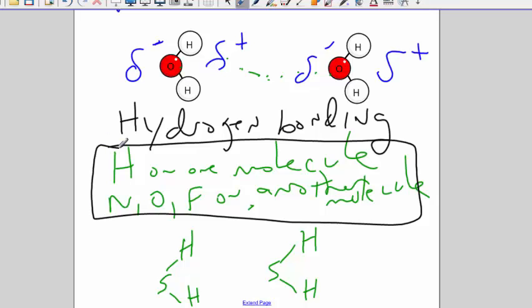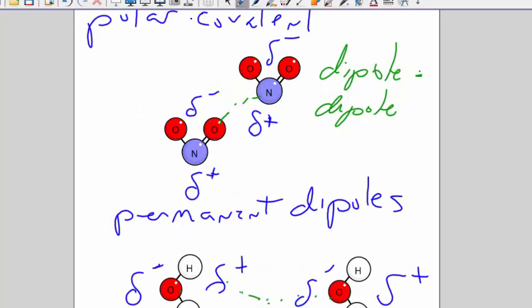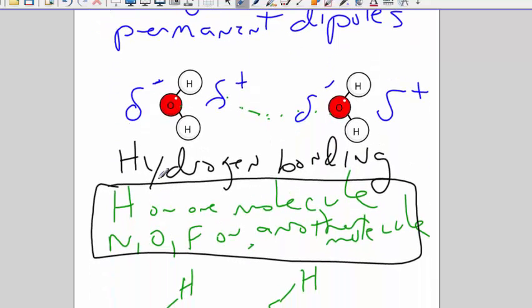Okay, so when we're talking about intermolecular bonding, we're either talking about London dispersion or dipole, or hydrogen bonding. Those are the bonds between covalent molecules. The weakest of those is London, then comes dipole, then comes hydrogen bonding.